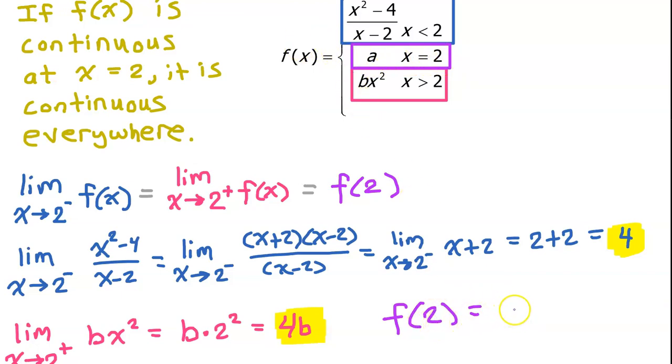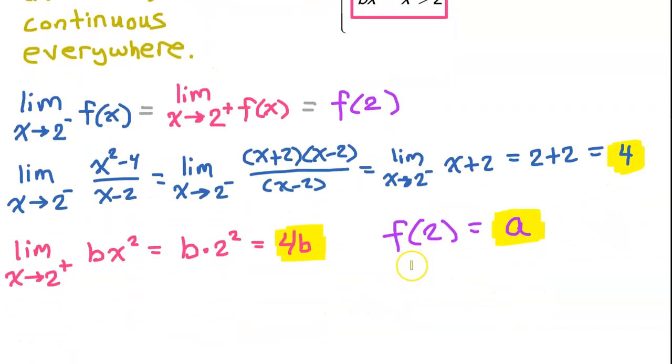So f at 2 is simply a. So this is our third expression. And according to the definition of continuity, all three of these expressions are equal. So we can set them equal to each other in any way we want, in any order that we want, in order to solve for a and b.